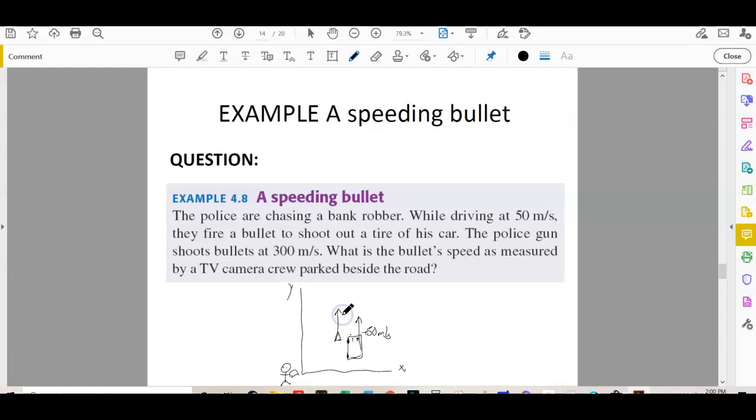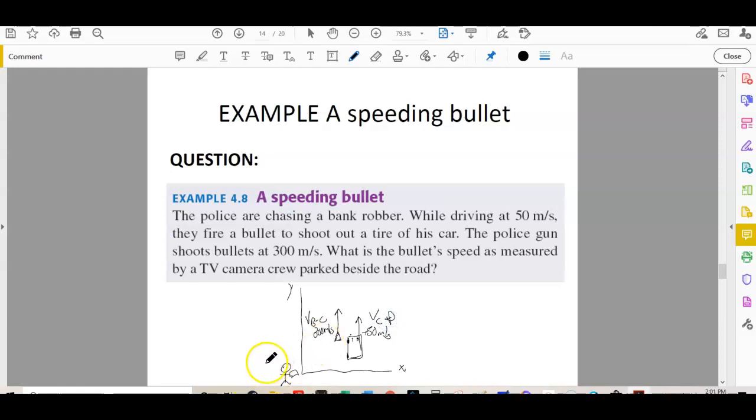And that bullet is going to be moving at 300 meters per second. So the speed of the bullet relative to the car is 300 meters per second. And this is the speed of the car relative to the camera crew. Relative to the camera crew, what should we designate them as? Just parked.